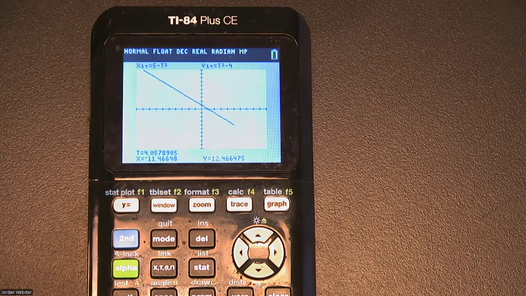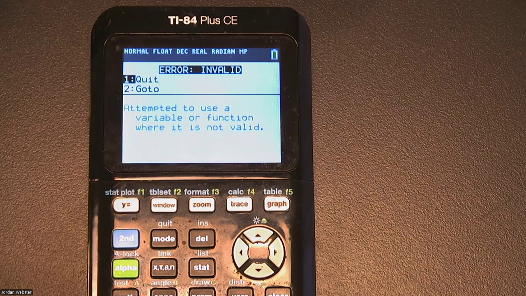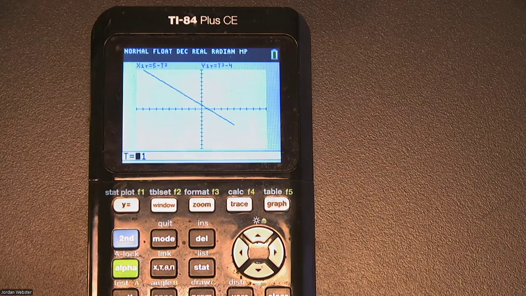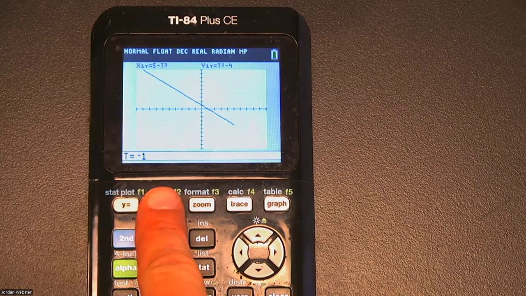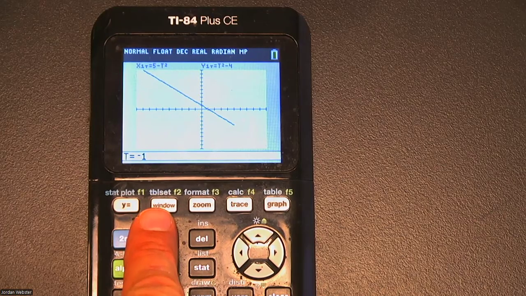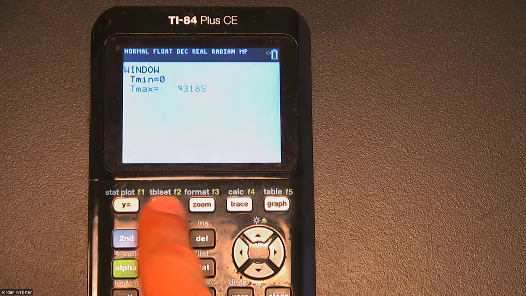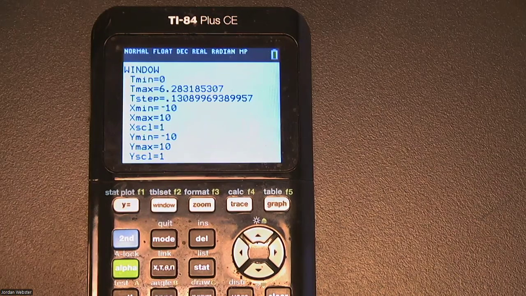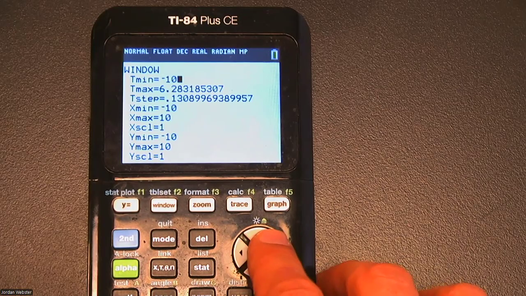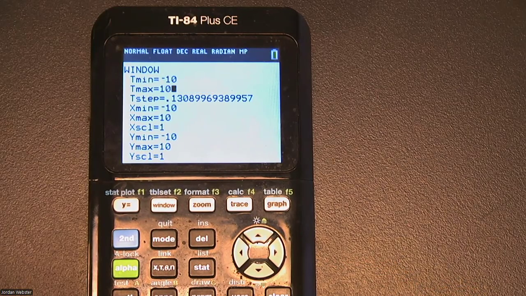What would happen if t were negative? Well, first off, it says I got a domain error. That's not exactly true. The only reason it told me a domain error is because my window doesn't allow me to put negative t values in right now. If I want to put negative t values, all I have to do is change the t minimum and the t maximum in my window.